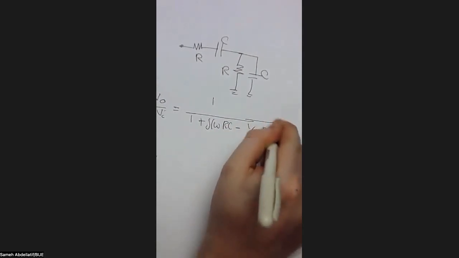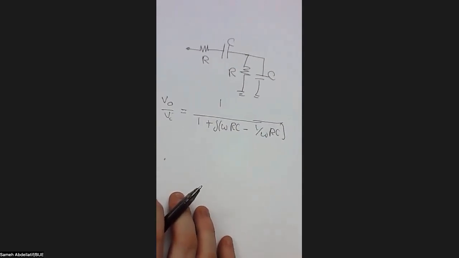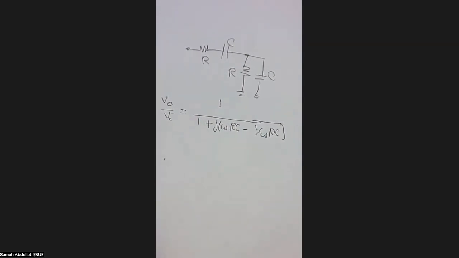So this was the final result for this network. I think we already investigated it in detail when we did this circuit in the previous recording, so you can refer to the previous recording for more information about that.